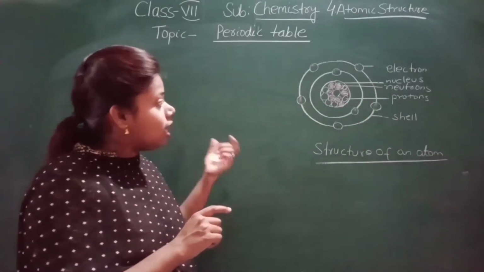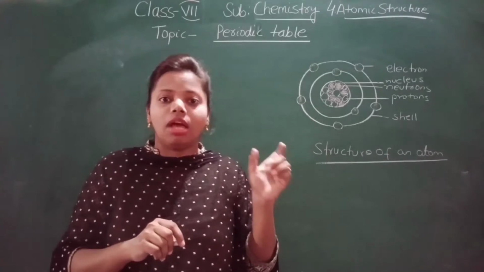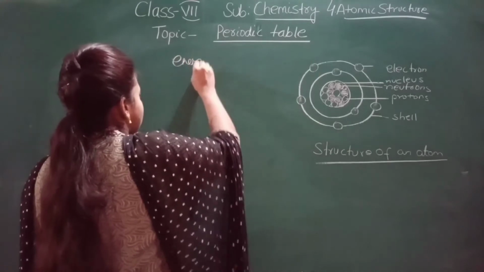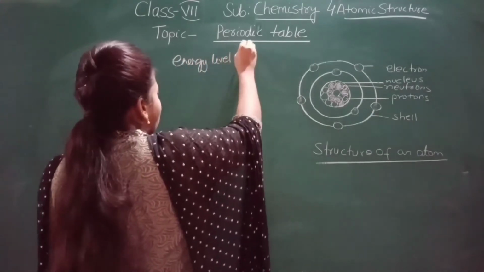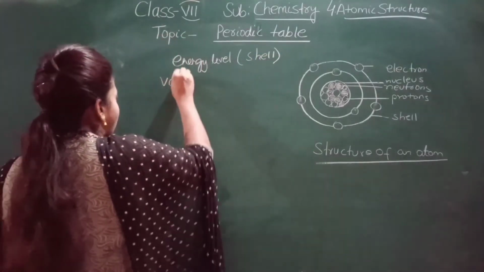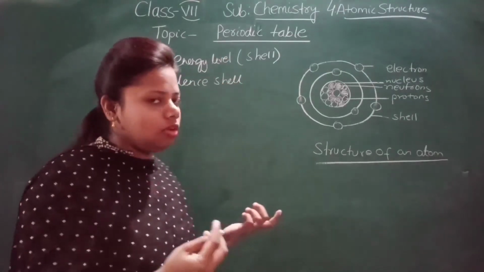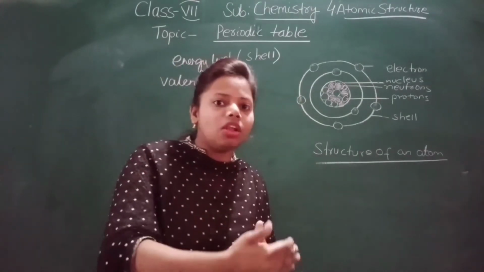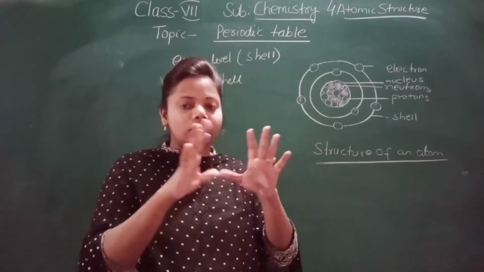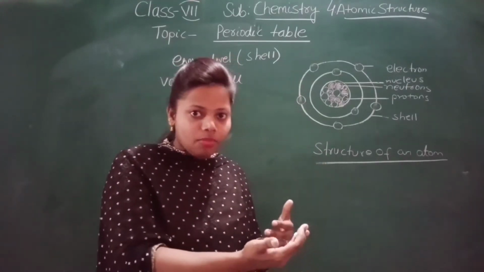Now I have to tell you what a valence shell is and what a valence electron is. First, the energy level we call a shell. Now what is the valence shell? The valence shell is the outermost shell of an atom. You will see in the structure of an atom the outermost shell, the last shell. What do we call that?